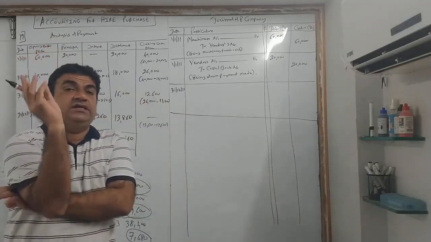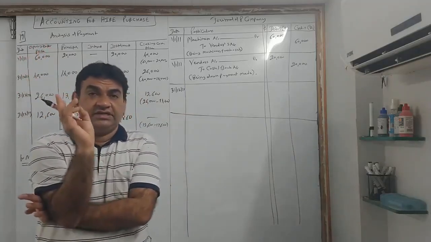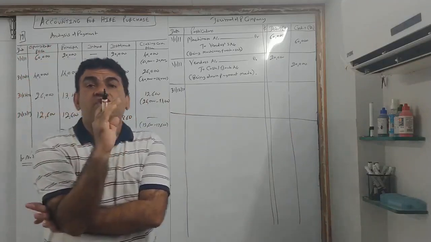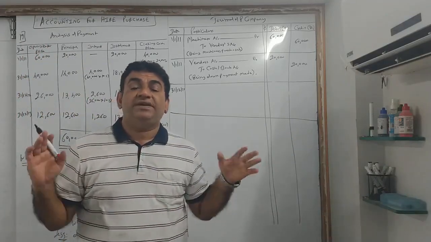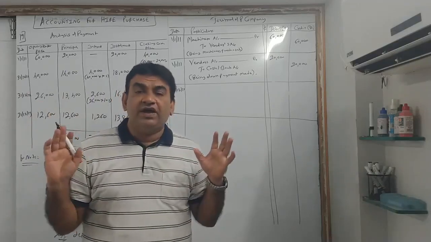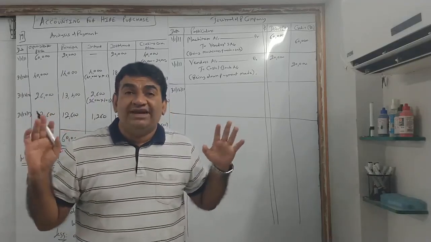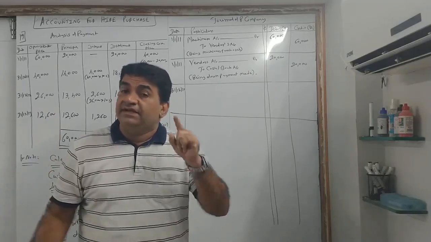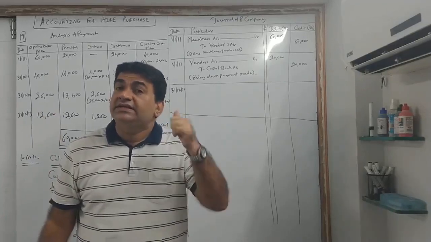Now see, this is hire purchase. You have opted for installment facility. So if you have opted for installment facility, you are liable to pay interest. I am in my first year.